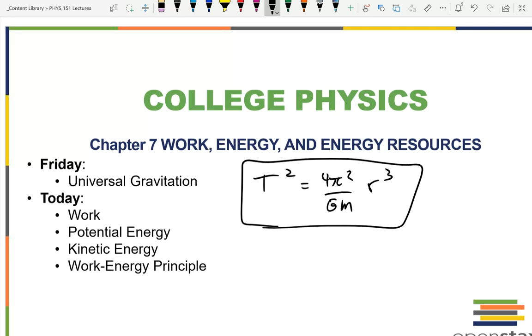I converted everything into the standard units, so I converted from solar masses to kilograms, from light years to meters, and then I got my time in units of, what's the standard unit for time? Seconds, and then I had to go from seconds to years. You can do things other ways, but that is the way that I think is the best practice for unit conversion and keeping you sane.